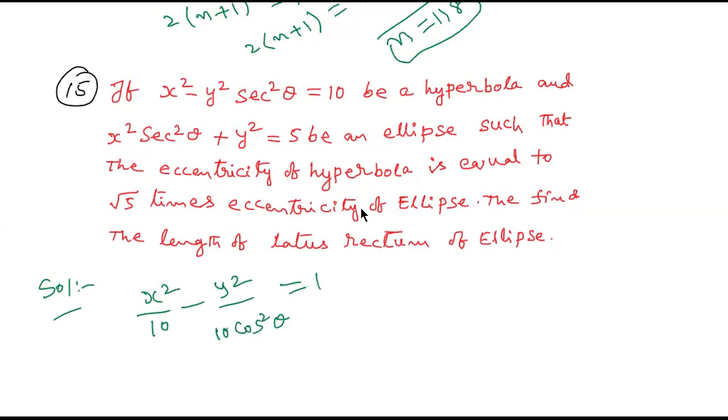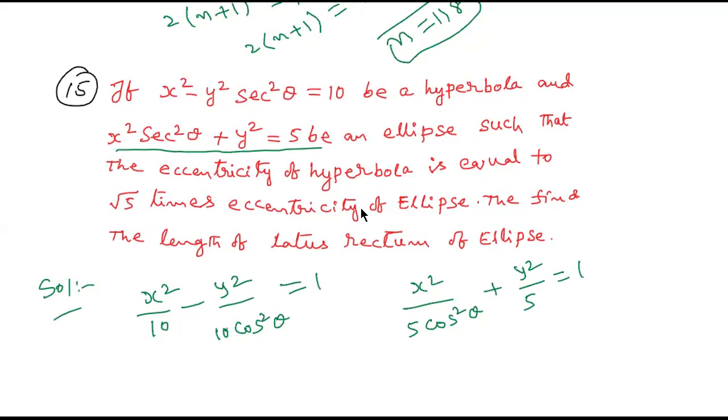Similarly, ellipse also given. This is the ellipse. Convert in the standard form, x square by 5 cos square theta plus y square by 5, that is equal to 1.